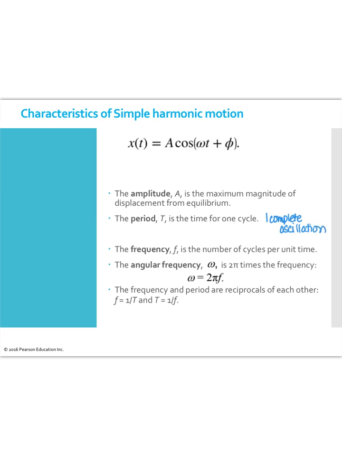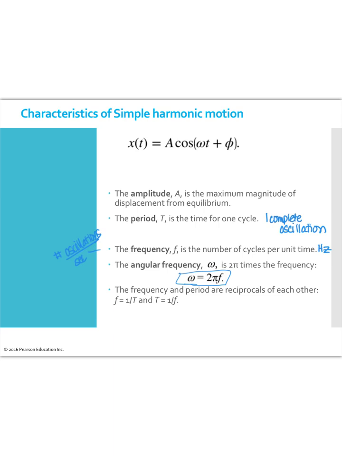Frequency, which I think we've seen before, is basically how many oscillations there are per second. It's going to be measured in hertz. The angular frequency is 2 pi f. And that's a relationship we're going to want to remember.